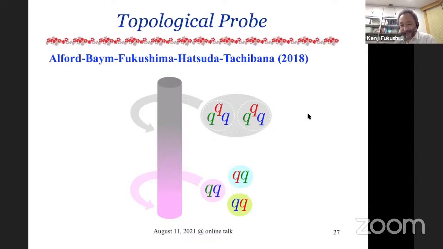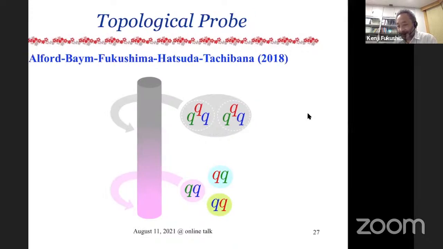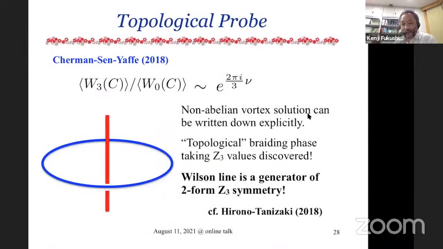Everything is calculable. Because this diquark is a colored object, this vortex is also colored, which means that it accommodates a color flux tube inside. So if you measure the Wilson line, the flux is measured, and that includes some SU(3) contributions.